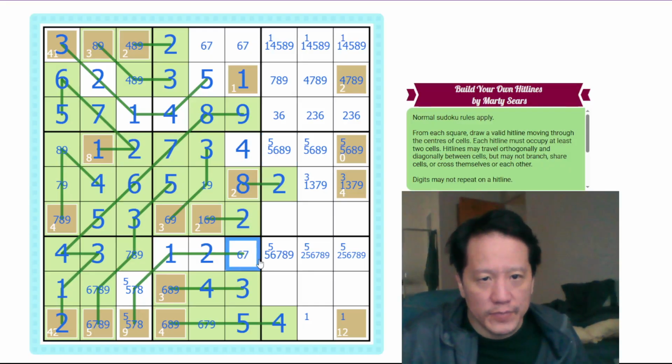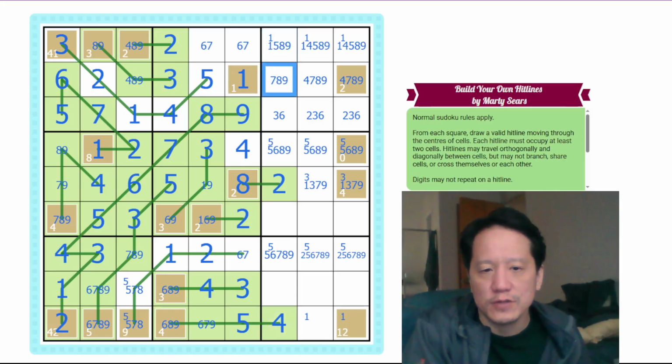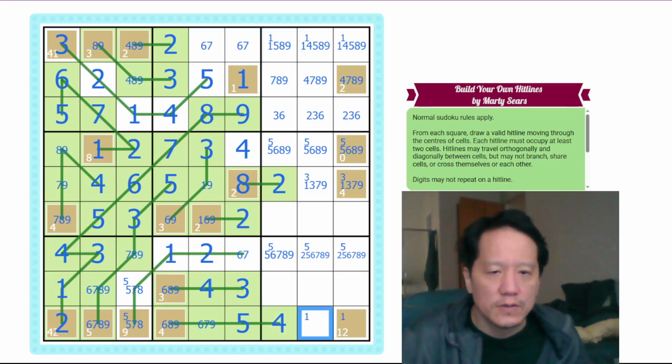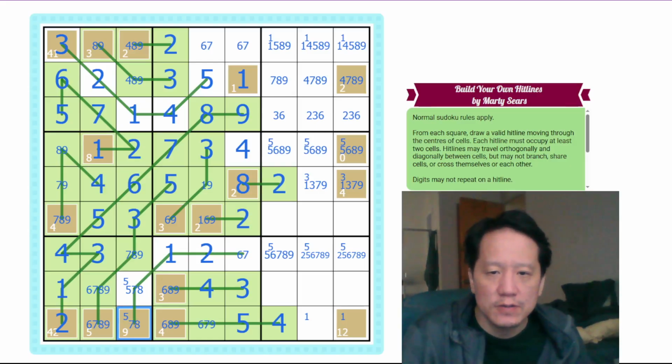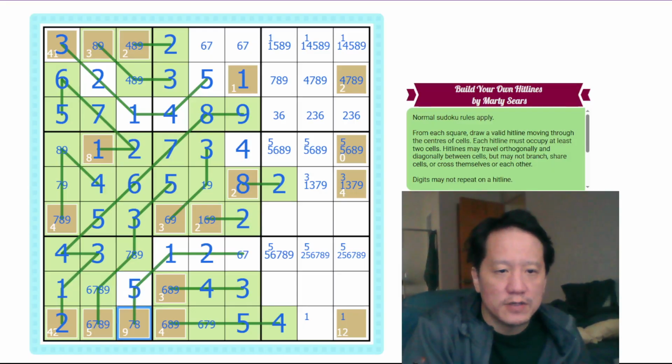Okay. No 4 here because of 4 in the column. 5 here eliminates 5 here. So where is the 5 in column 3? It must be here.